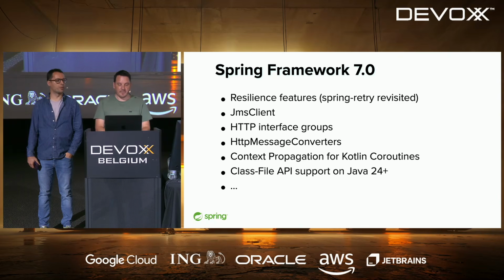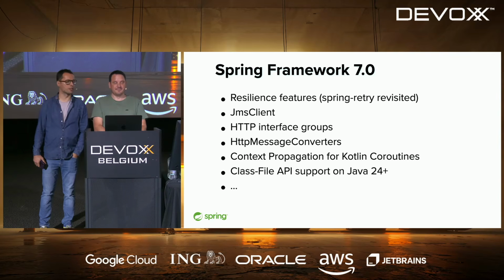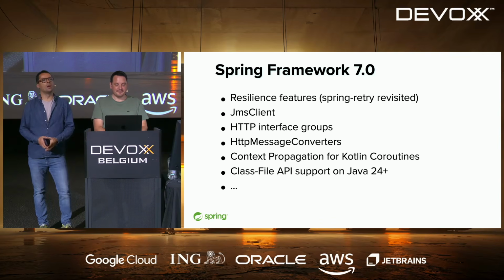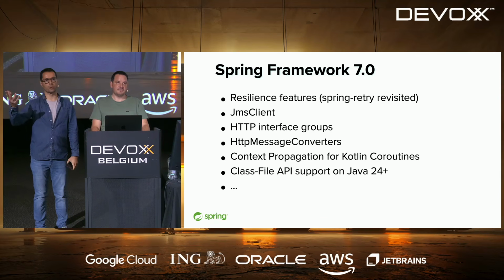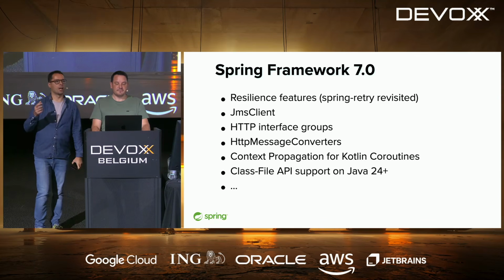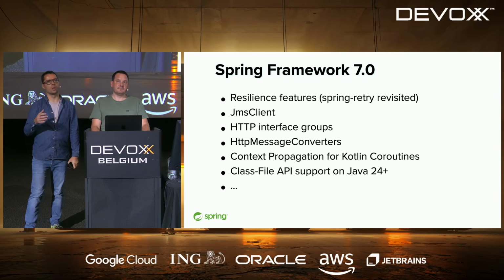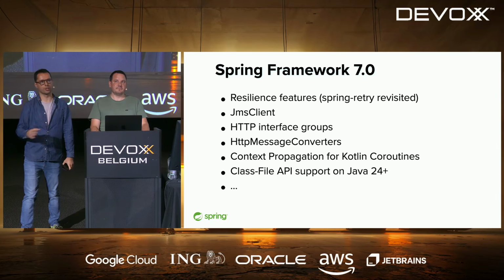One feature that would require an entire talk is the HTTP interface group. We already delivered HTTP interfaces in previous versions, where you can write an interface and it'll create a REST client for a remote service automatically for you. We got feedback from the community that while it's easy to have 1 or 2, when you have dozens of them, it gets tricky to set up.